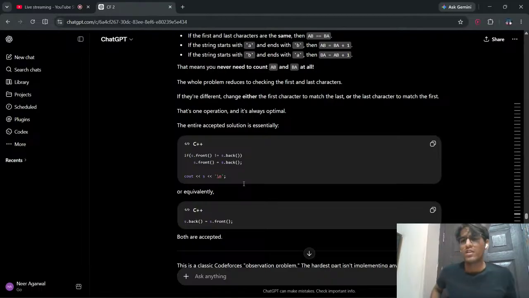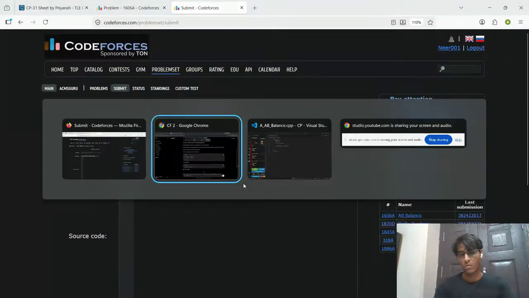Oh yeah, if the condition is one greater than what it should be, then if you just change it, nothing will change, and it will work. Like the first and the last characters, if they are equal, then the AB and BA strings will have the same number of occurrences.